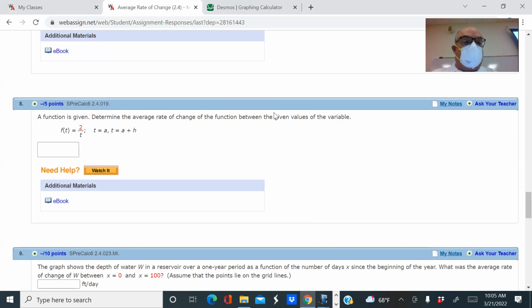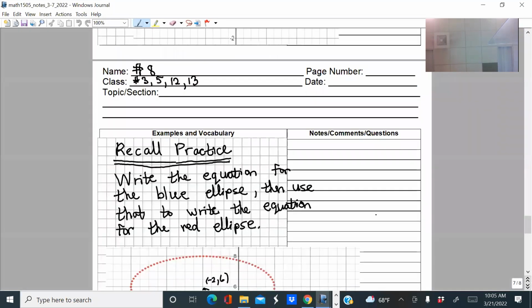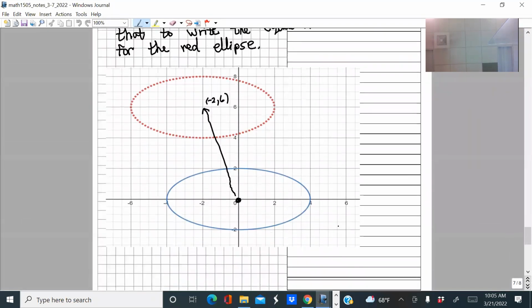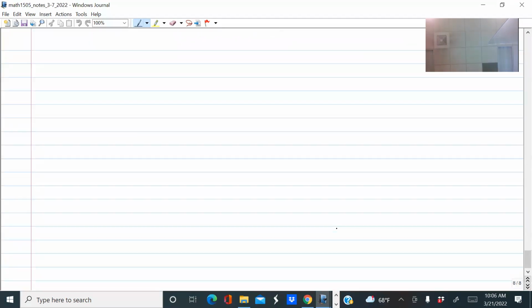So let me lower the screen and then show you how to work on this one. Let me see if I can find some place here to write in my notes. All right, so I got a blank sheet here, so let's try this.